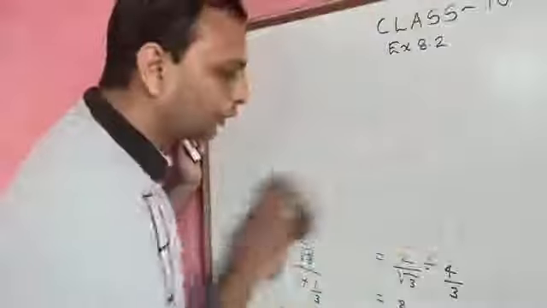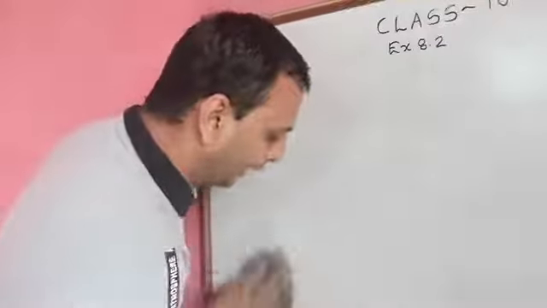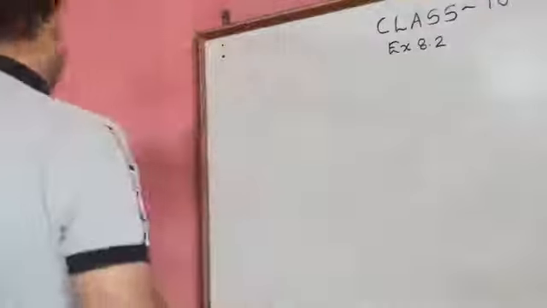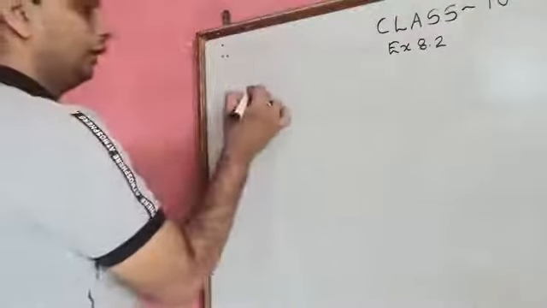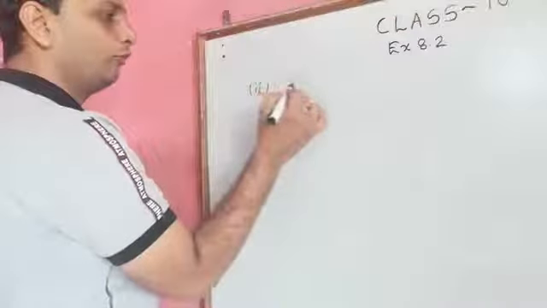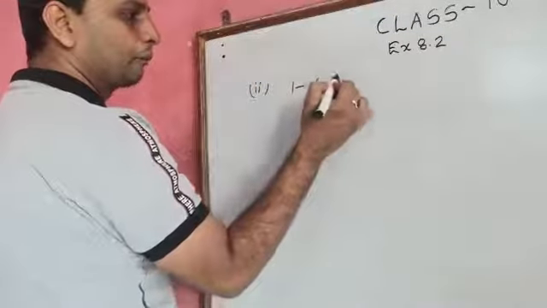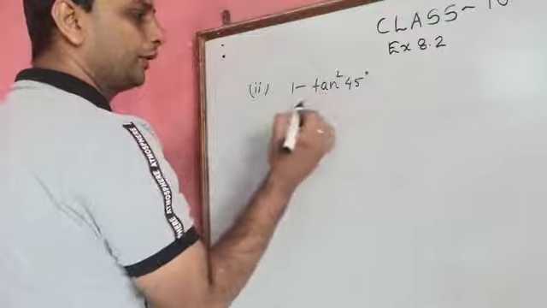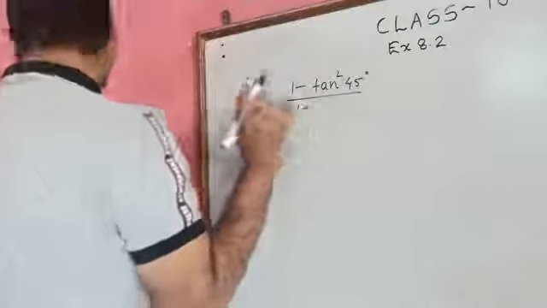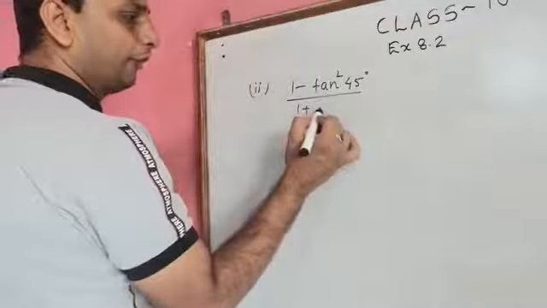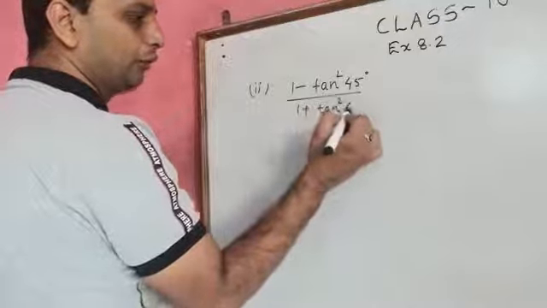In that question also we have to do the same thing. We have to find the right option in the given question: 1 minus tan square 45 degree upon 1 plus tan square 45 degree. So we have to put the value.